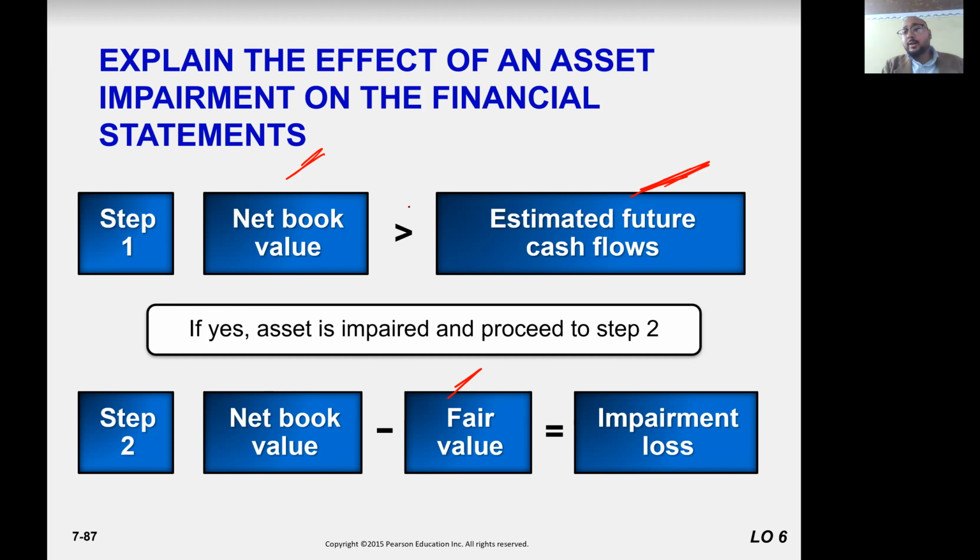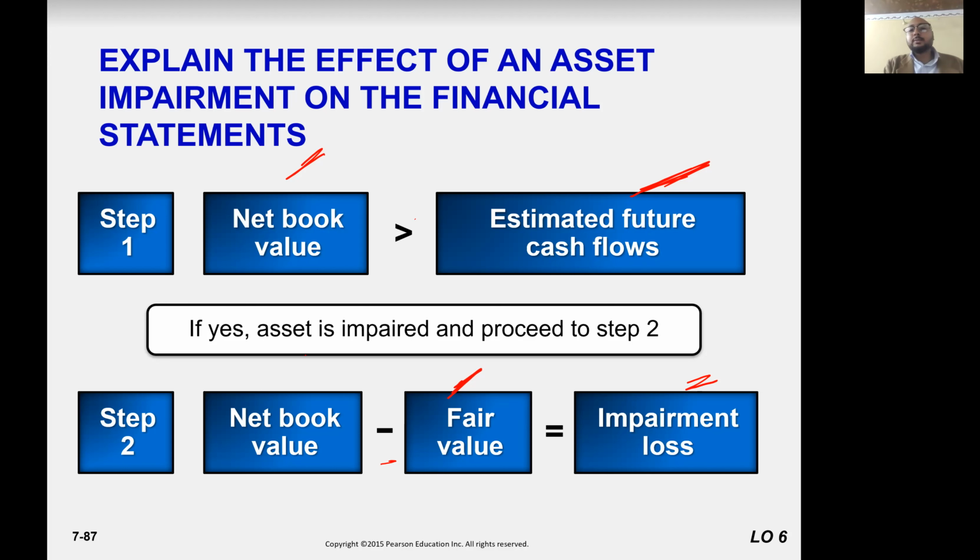If the book value is greater, then we go to the second step and we hire a consultant who tells us, if somebody wants to purchase this asset from us, how much he will offer, the market value. You are not planning to sell, just valuing it. So that is called fair value or replacement value. That would be your impairment loss.